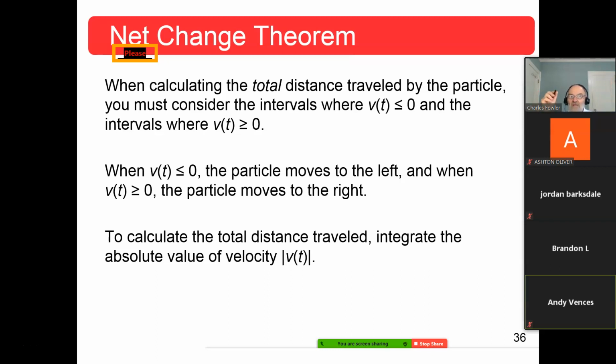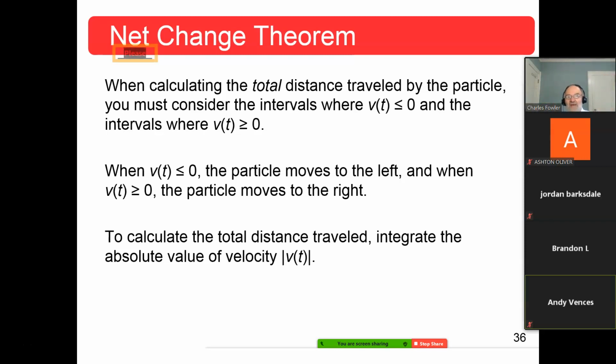But the total distance would be how far you went this way, plus how far you went this way, plus how far you turned around and went back that way again. So you have to consider when your velocity is positive, when it's negative, and then when it's positive again, if you're talking about the distance traveled, not the displacement.